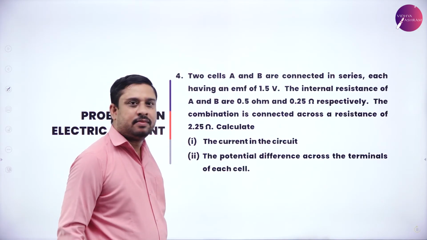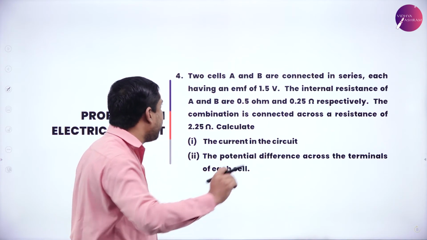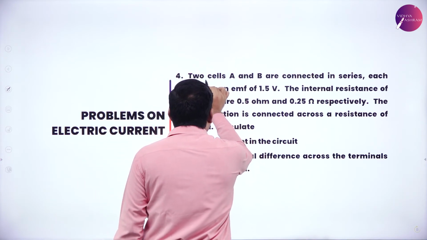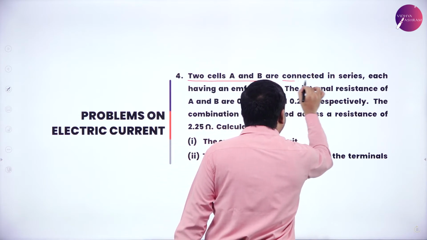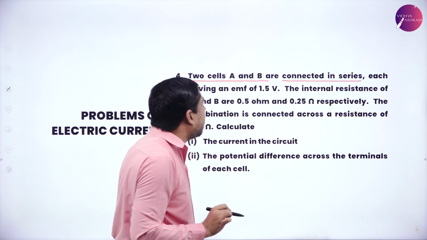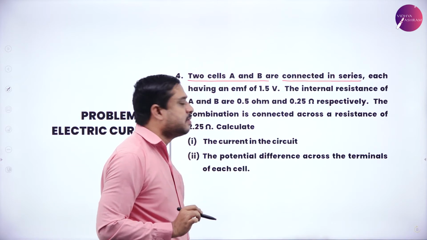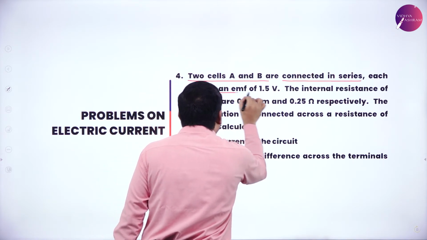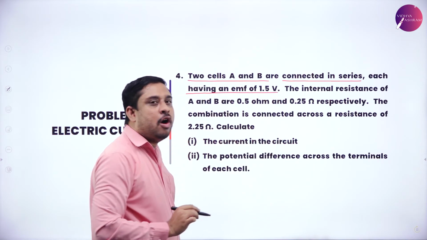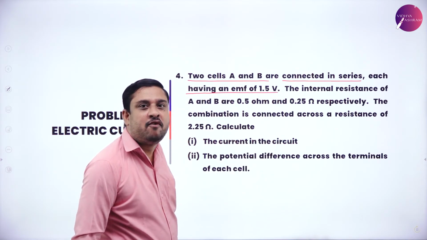2 cells, again from a question paper. 2 cells A and B are connected in series, each having an EMF of 1.5 volts.